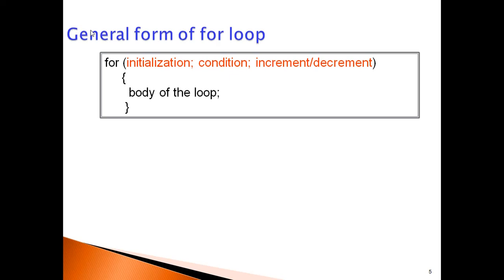The increment or decrement of that altering variable is written at the end of the while loop. This initialization is somewhere in the beginning of the program, the condition is at the beginning of the while loop, and the increment or decrement of the altering variable is at the end of the while loop.